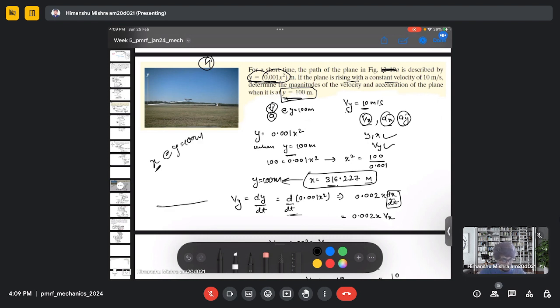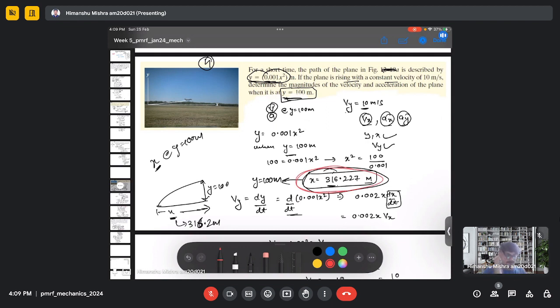When the plane reaches y equals 100 meter, it has some certain horizontal distance x, which is 316.2 meter, which we calculated here.